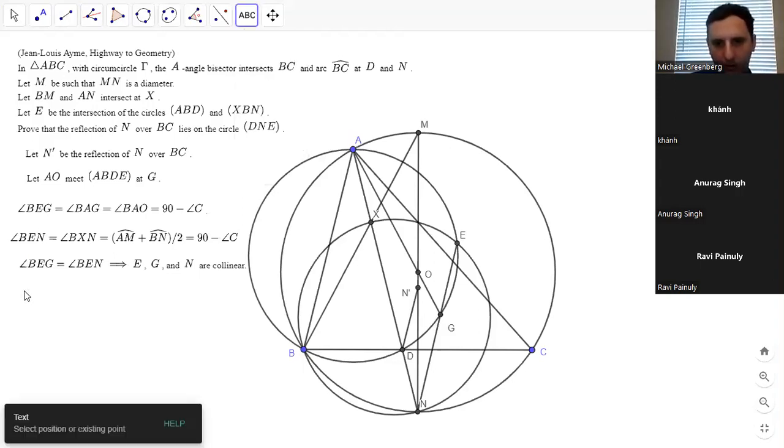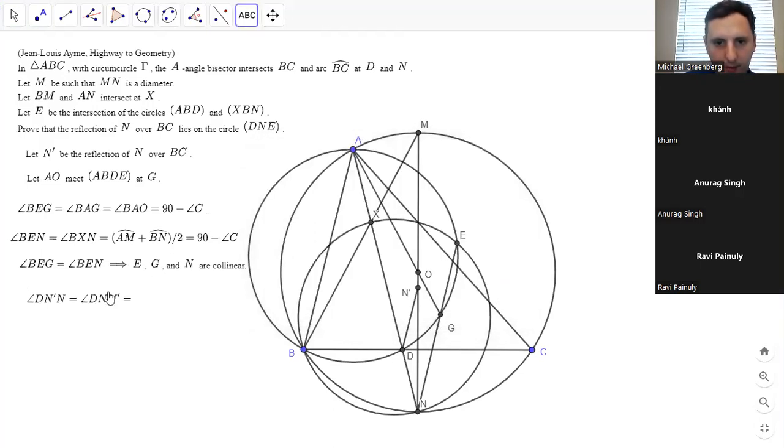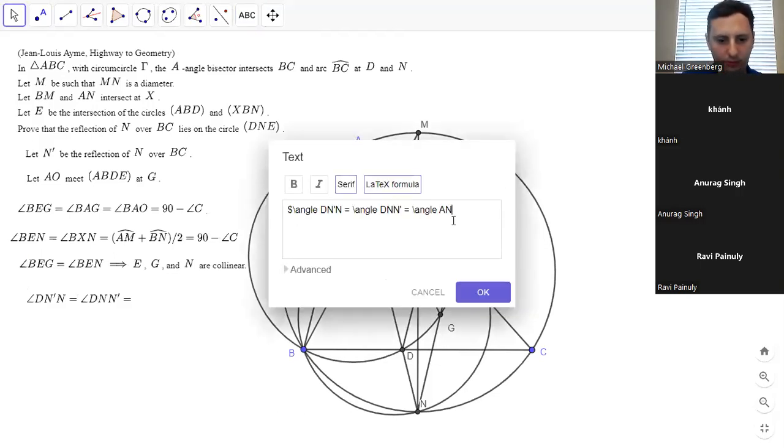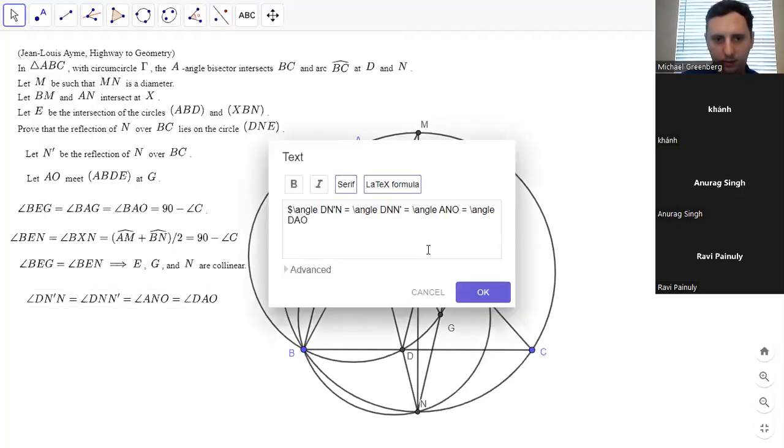So angle DN prime N is equal to angle DNN prime, which is equal to angle ANO, which is angle DAO, which is angle DAG, which is DEG, which is angle DEN.